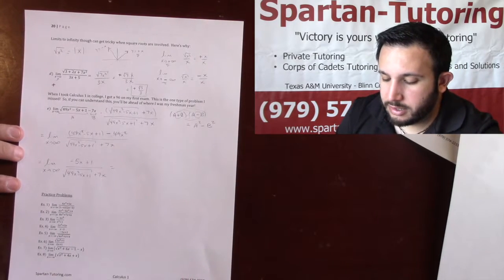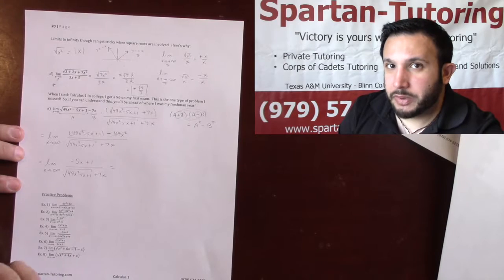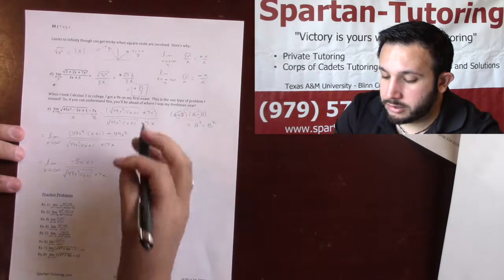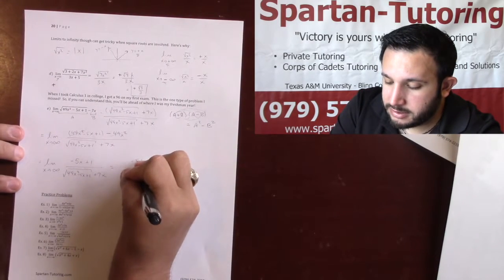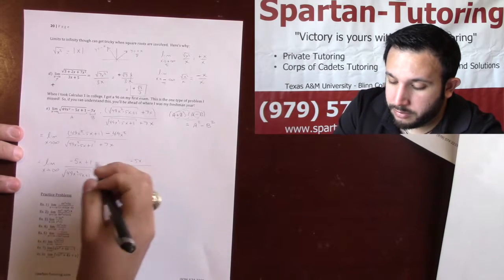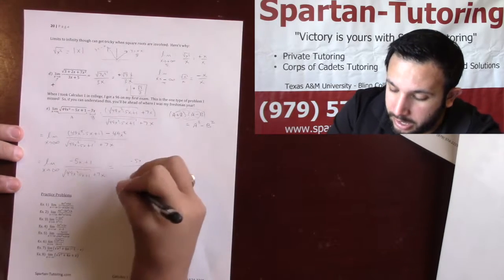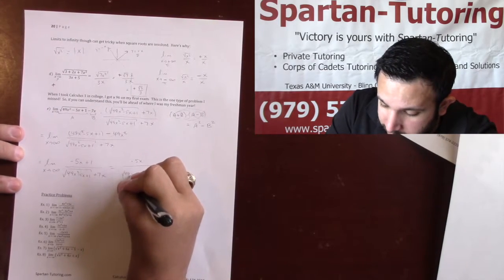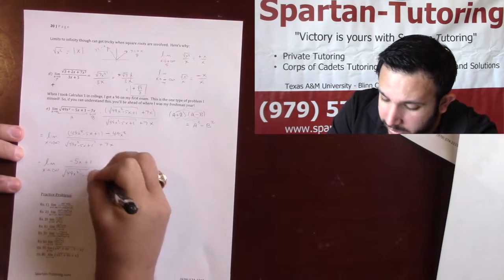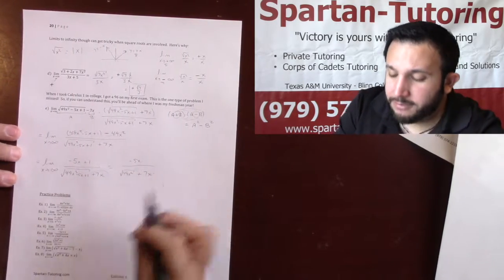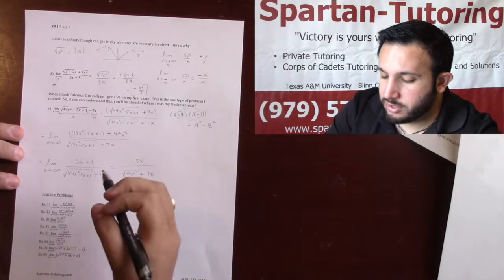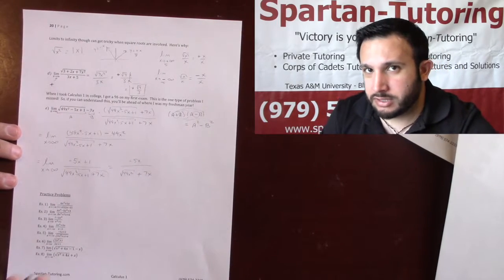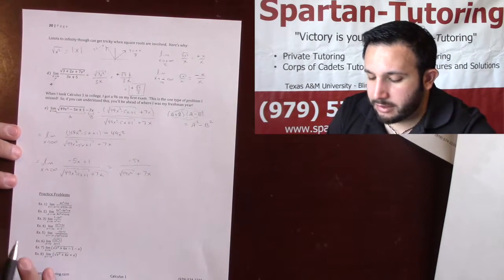Everything else is irrelevant. So the highest power, my leading term overall on top, is a negative 5x. On bottom, the leading term here, I have the square root of 49x squared, as well as this 7x. They have the same powers, because the square root of x squared still has a power of 1. So I'm going to take both into account.